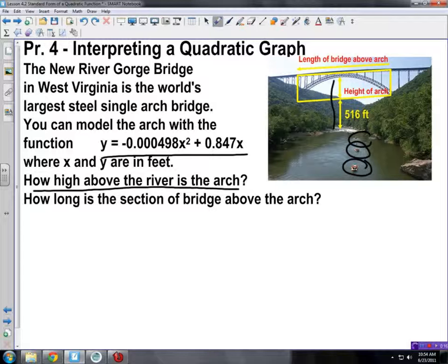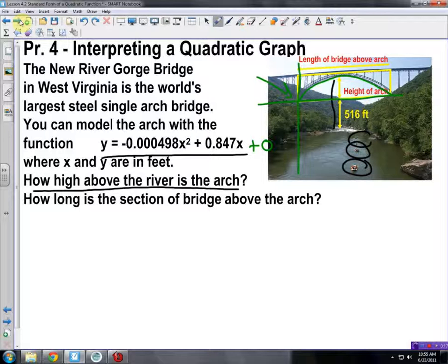Since the c value was 0, it means that the y-intercept is at 0, which tells me that if I look at this arch of the bridge as my graph, that is going to be my xy coordinates. How do I know? Because my y-intercept is at 0. So it needs to start at (0, 0). And then it goes up and then back down again.